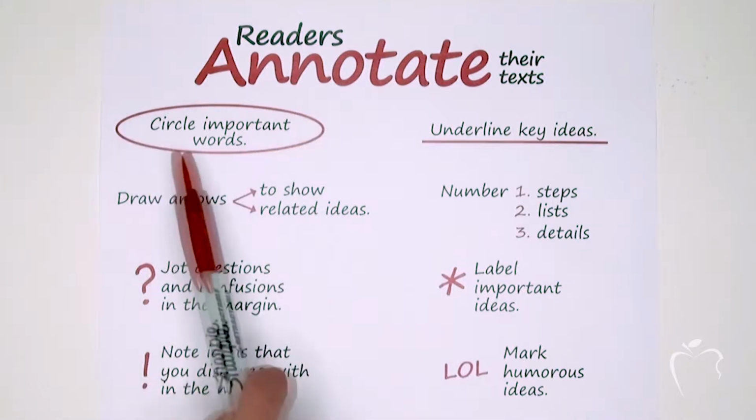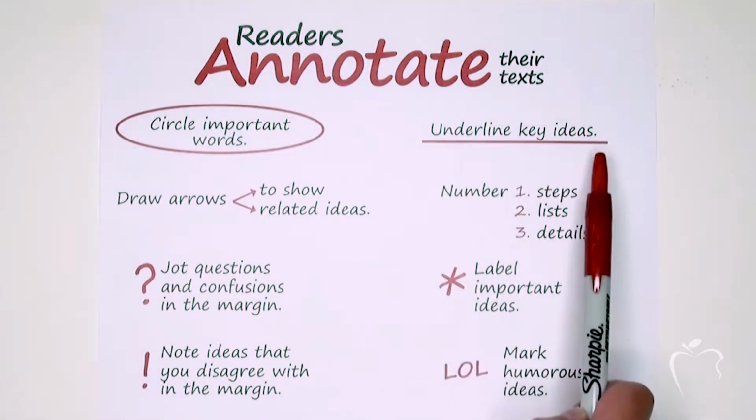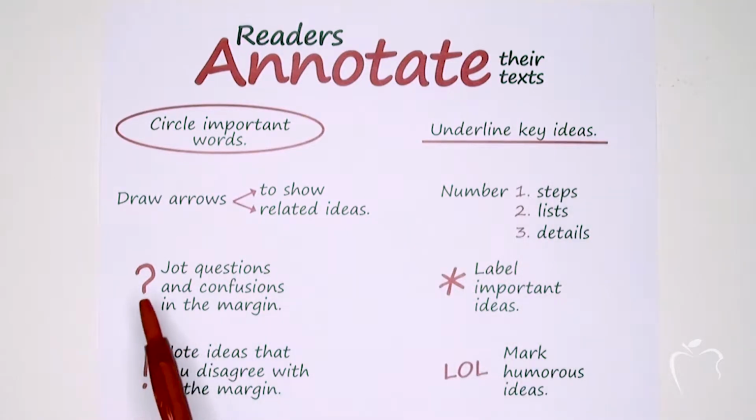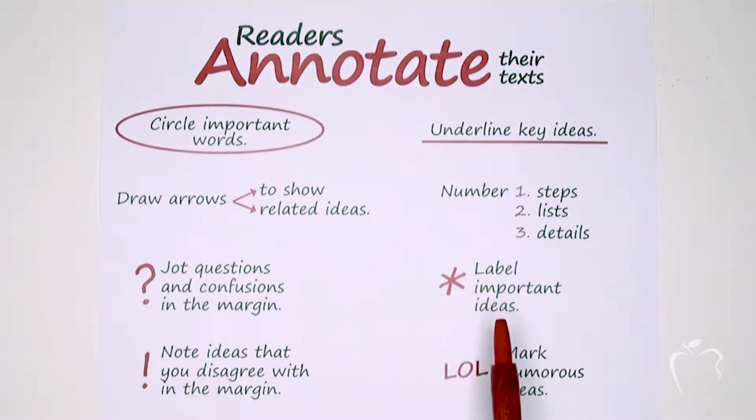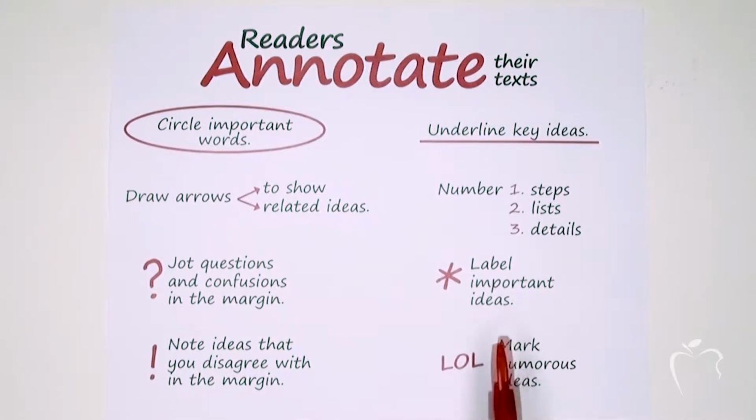They're to circle important words and underline key ideas, maybe use question marks when they're confused or asterisks for important information. And all of this is fabulous, especially when all teachers are using the same codes and symbols. However, just using codes and symbols isn't enough.